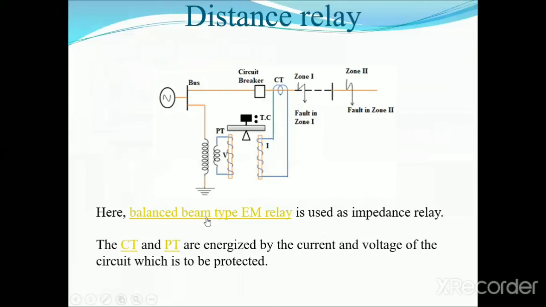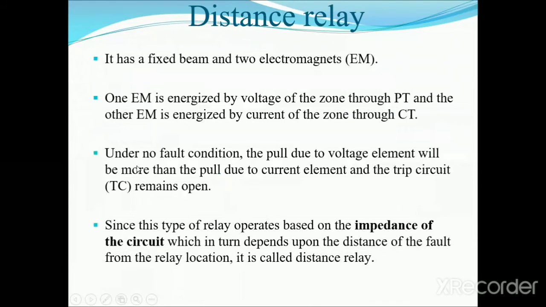This is the balanced beam type of electromagnetic relay. One electromagnet is energized by this voltage coil or the potential coil. The other electromagnet is energized by this CT, or the current transformer.